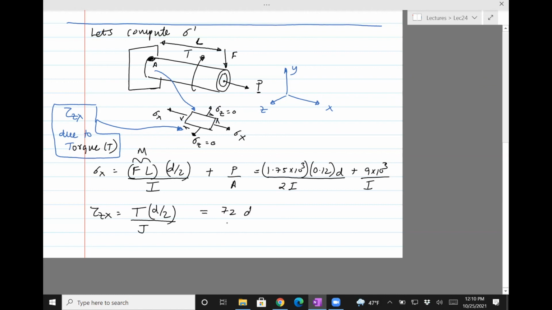Diameter is unknown, d divided by 2. Oh, yes, that's right. It's not I, it's A. Gotcha.